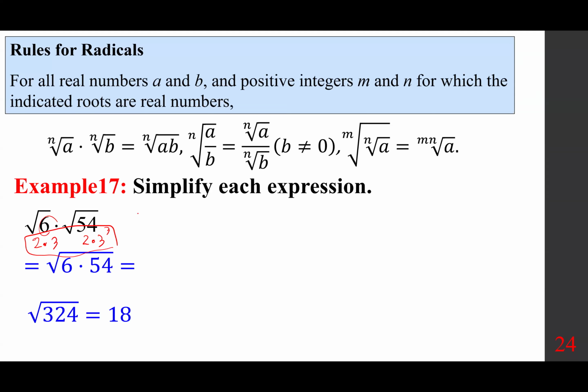If you look at all of them, you have 2 squared times 3 to the power of 4. And then the answer will be, this comes out as 2. This comes out as 3 squared. Answer is 18. So prime factoring can make it nice and easy.